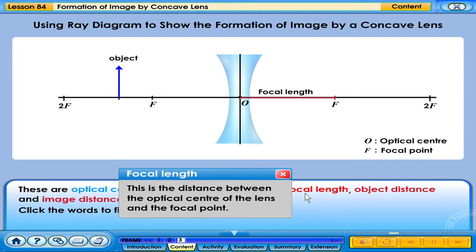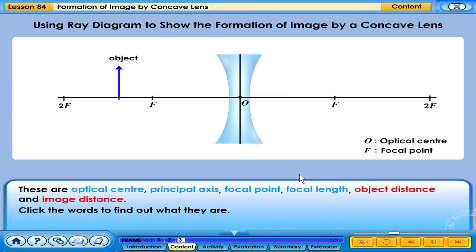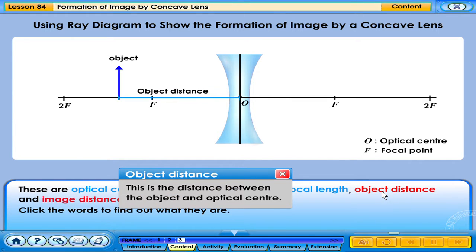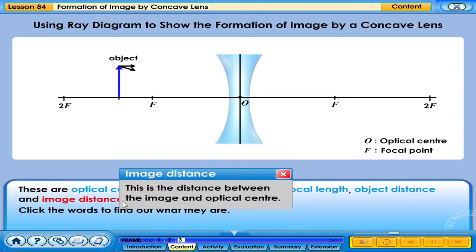This is the distance between the optical center of the lens and the focal point. This is the distance between the object and optical center. This is the distance between the image and optical center.